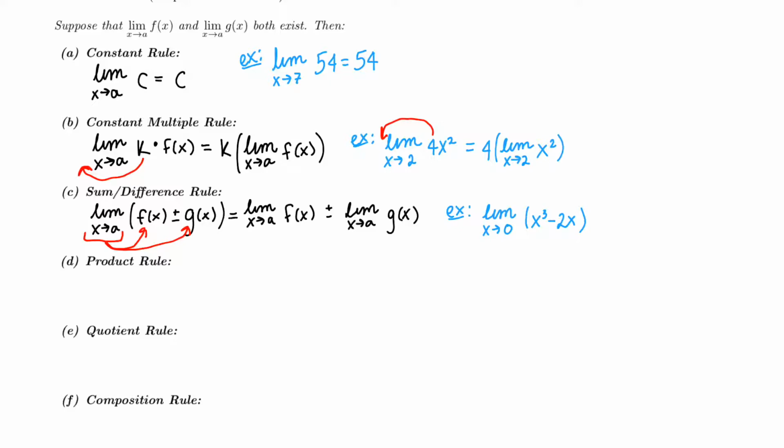I can take this limit, give it to both of them, and I'd get the limit as x approaches 0 of x cubed minus the limit as x approaches 0 of 2x. So there was a minus sign, which is why there's a minus sign here. And I just gave the limit to both of these terms in here.